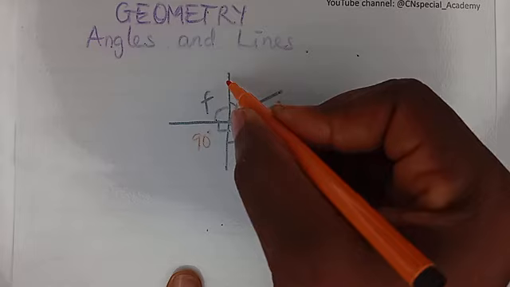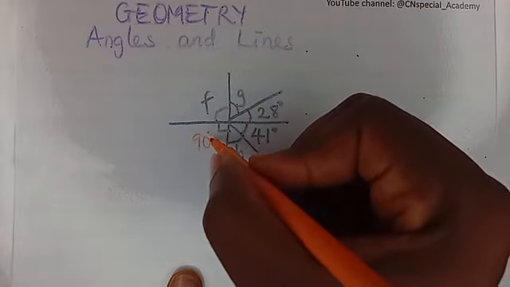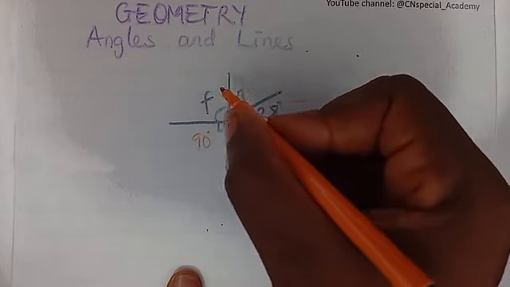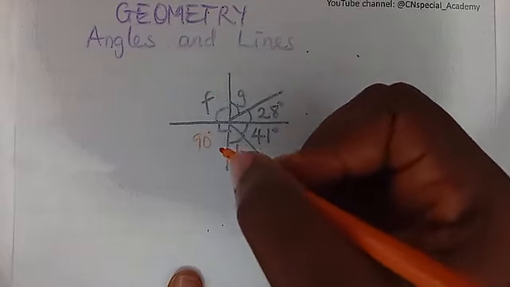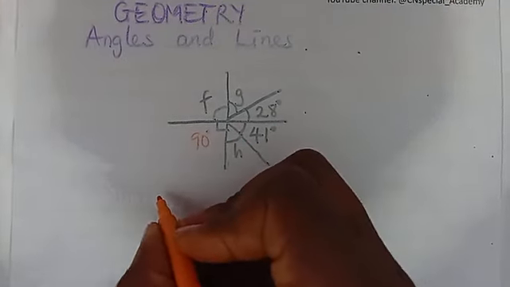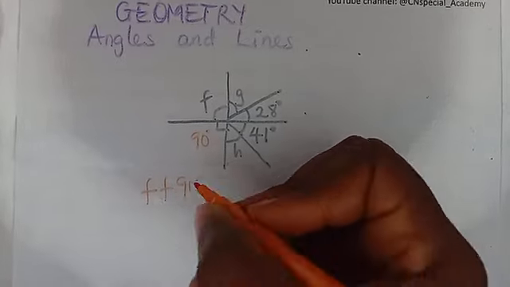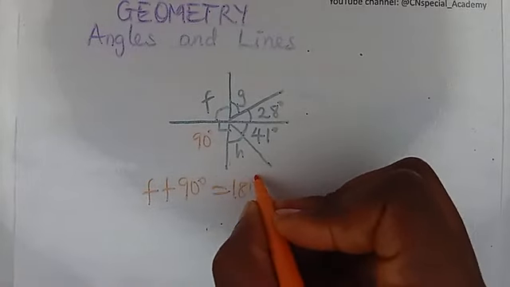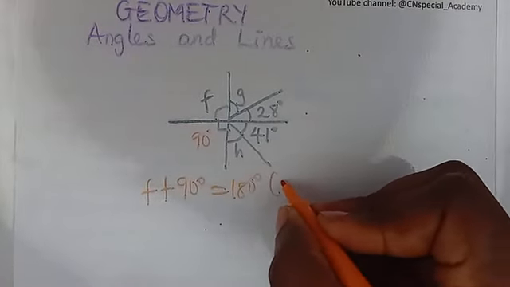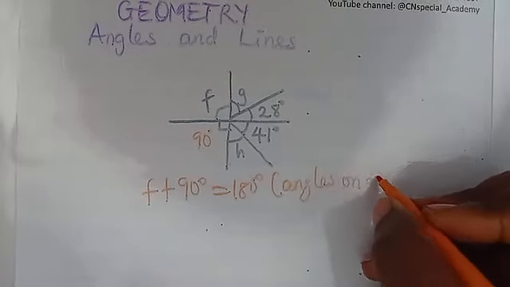We can see this straight line. You can see this straight line, that this angle 90 and this angle F are on a straight line. They are angles on a straight line. So we can say that F plus 90 degrees is equal to 180 degrees. And our reason for that is angles on a straight line.